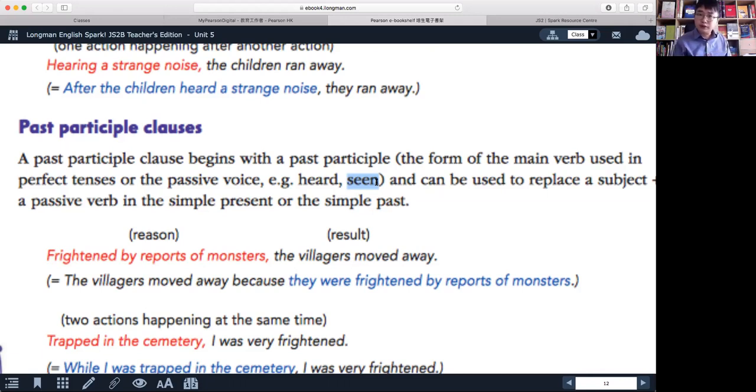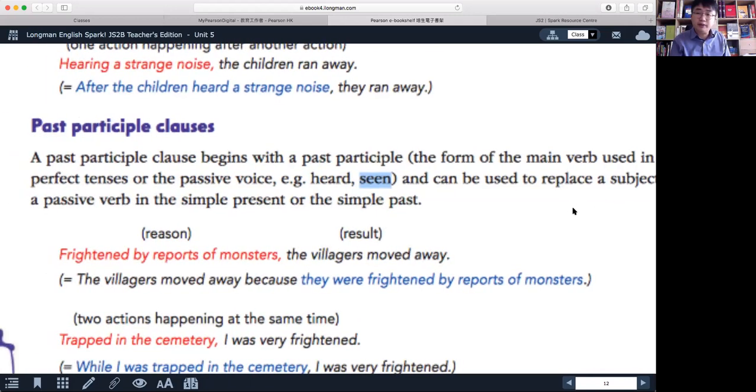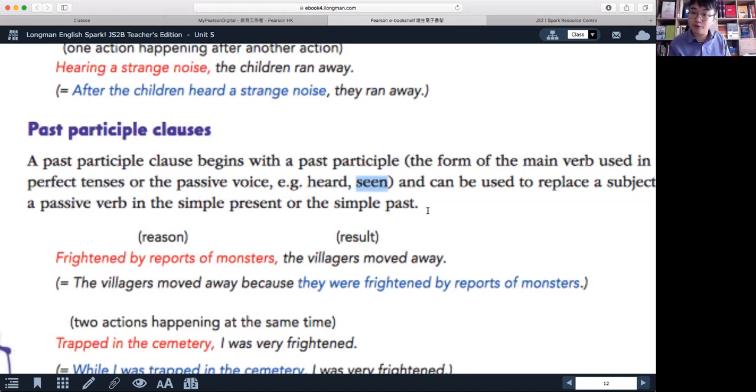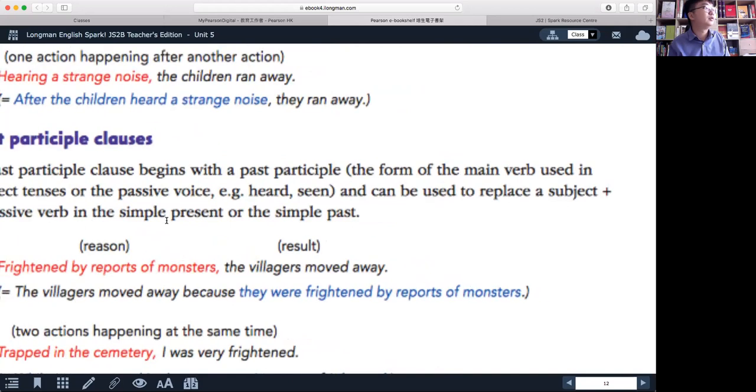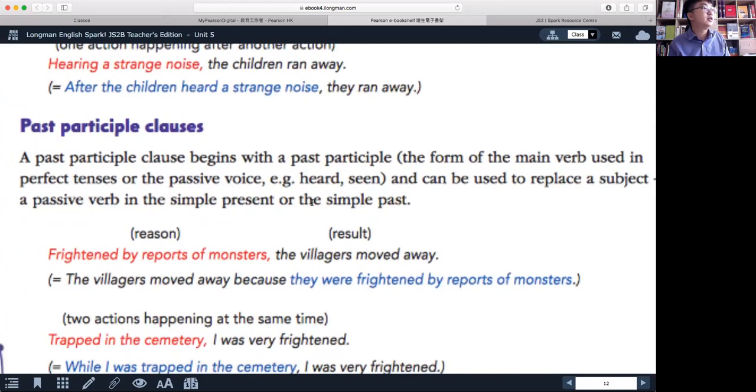So when do we use it or how do we use it? We use it to replace a subject plus a passive verb in the simple present or the simple past. If you have the highlighter with you, highlight this one. This is very important. Passive.